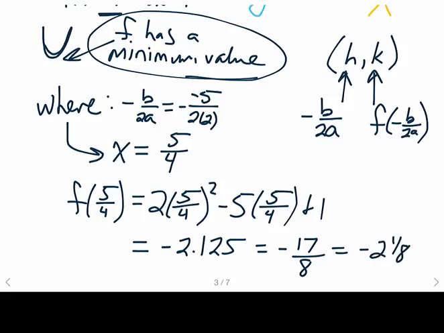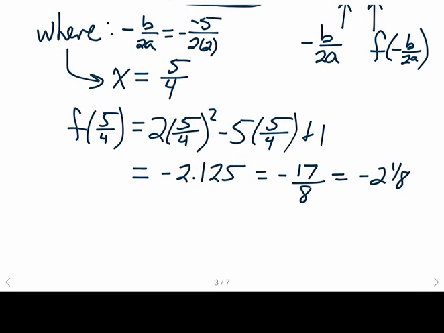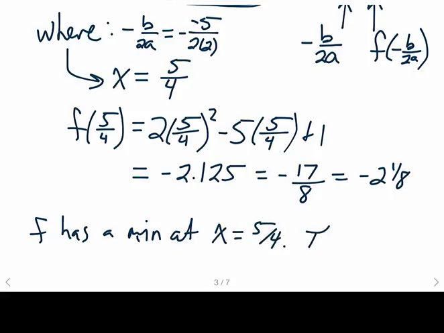I really couldn't care less which one you give me. So, to actually answer this question, we're going to say f has a minimum at x equals 5/4. The minimum value is, I'm going to pick the negative 17/8.